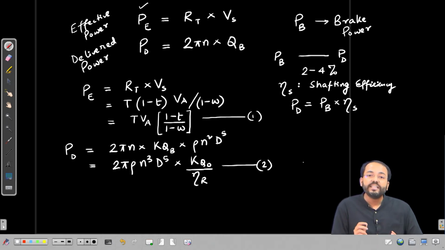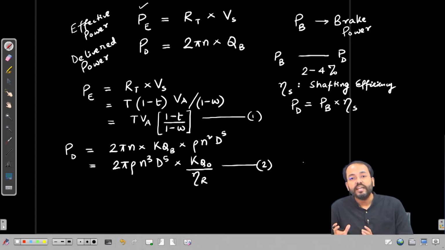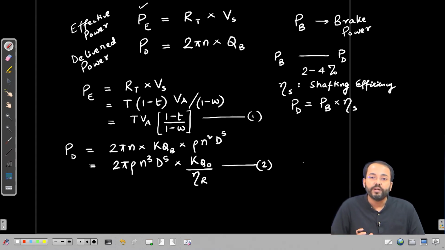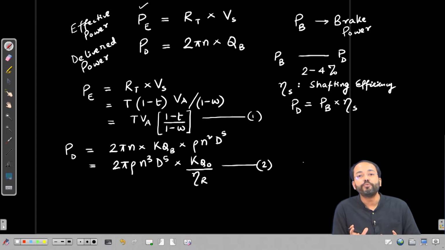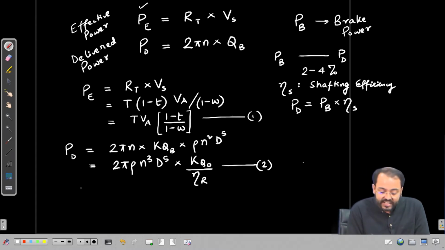Now, the relation between the effective power and the delivered power uses all these propulsion coefficients, and the efficiency involved here is called the quasi propulsive efficiency.